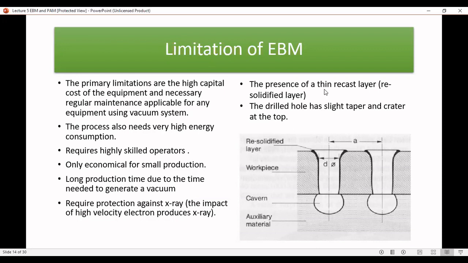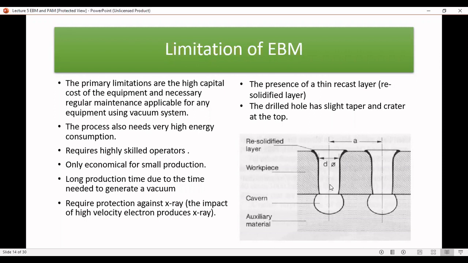The presence of a thin recast layer, a re-solidified layer. So one of the limitations of EBM, for example: this is the workpiece material, and this is the auxiliary material. The electrons will impinge on the surface, and once they impinge on the surface, you melt the material. As the material melts, you then have this taper at the center.